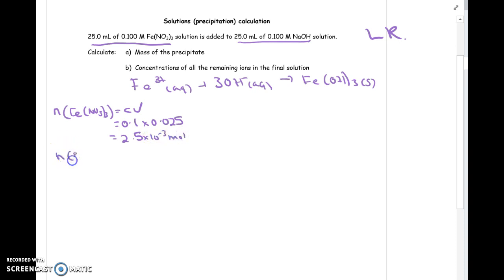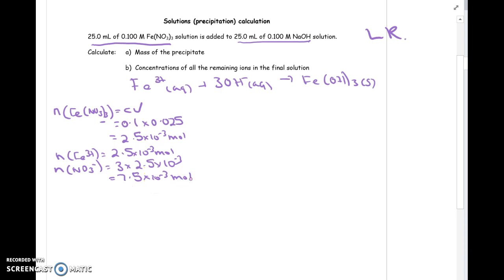Now I can find the number of moles of iron 3 ions, which will be the same. And the number of moles of the nitrate ions, if you look at the equation, will be 3 times as many, which is 7.5 by 10 to the negative 3 moles.